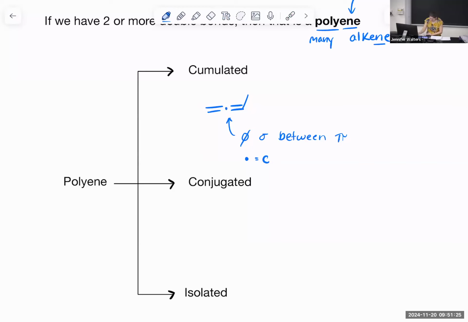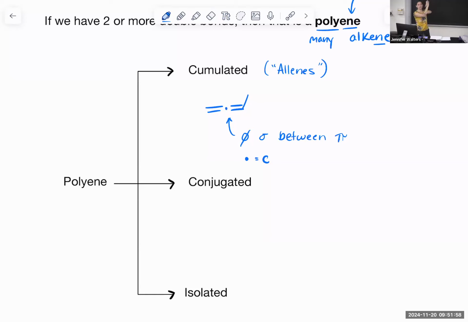Cumulated alkenes are also known as allenes, which you remember last time we talked about when we talked about our stereochemistry, and we said that this was our exception to that chiral molecule, where we had said normally you need to have a chiral atom in order to have chirality at the molecule level. The exception was our allenes and also our binaphthals, but it was that allene because it had those perpendicular pi bonds.